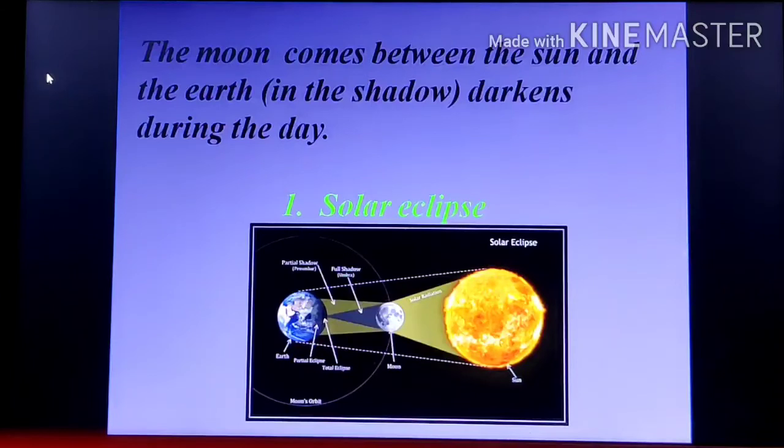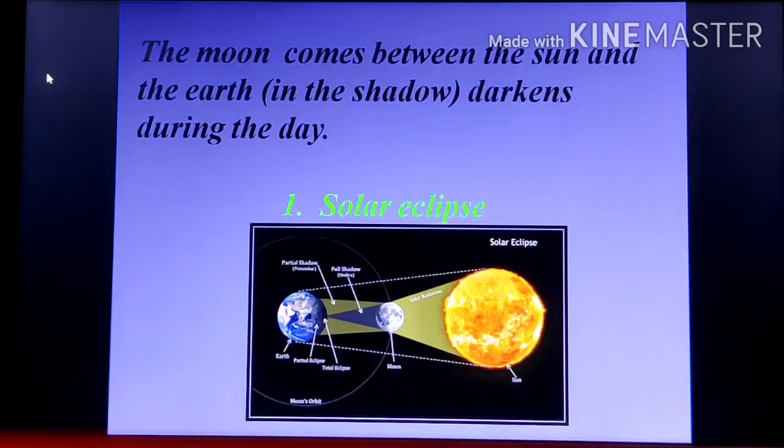In this diagram you can see that the moon comes between the sun and the earth. So it darkens some part of the earth. So this is the solar eclipse. And what is a lunar eclipse?